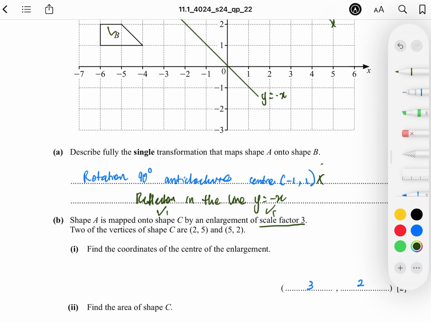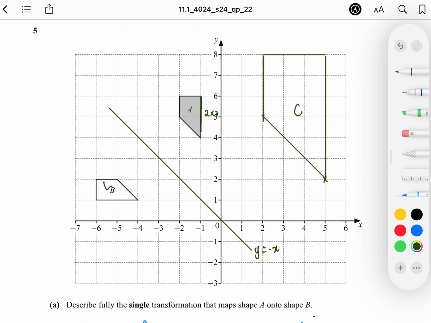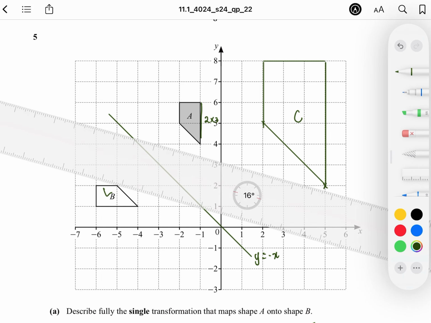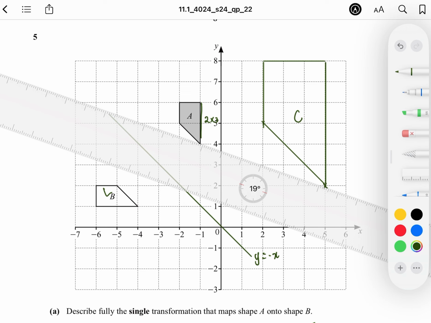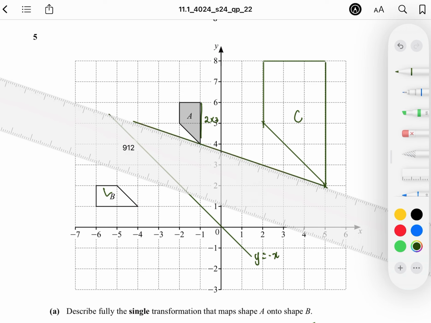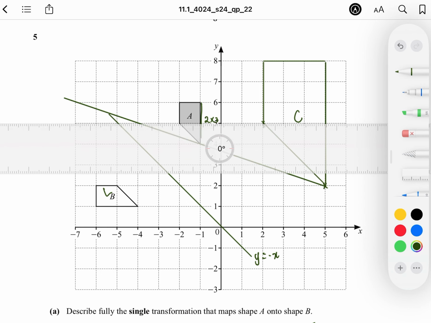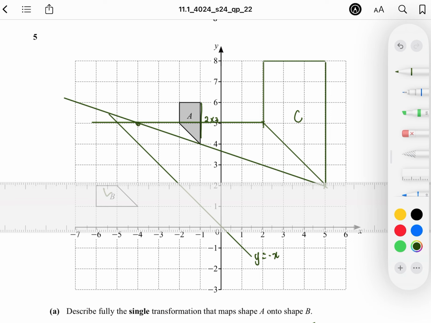Okay. And then finding the center of enlargement. So using this existing, what we can do is connect corresponding points to find the center. And then with the other corresponding points, you would see that both of these connect at one point, which is here.